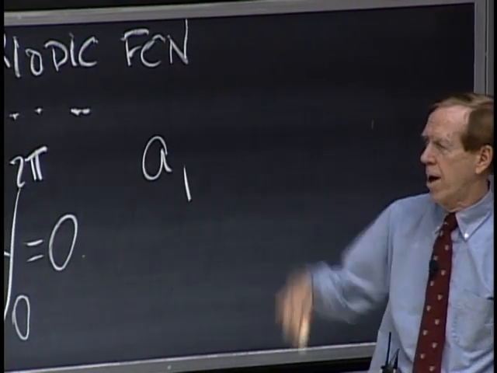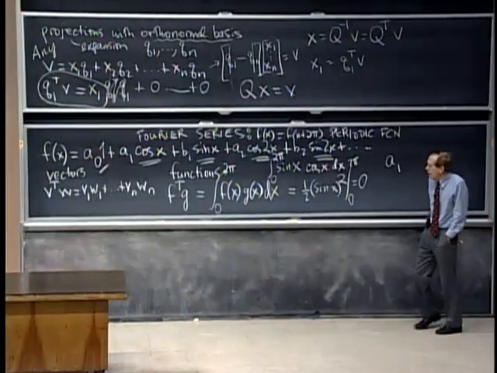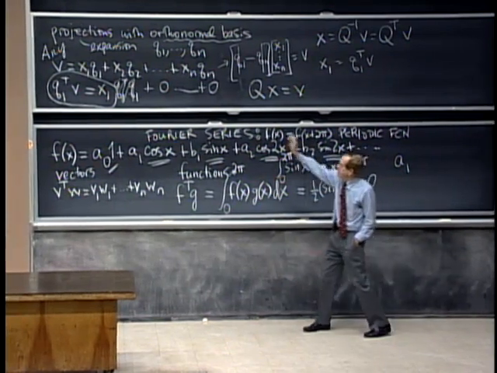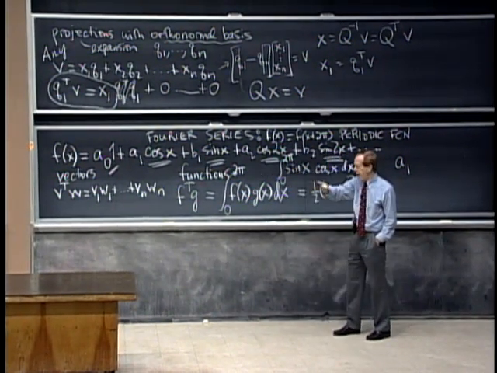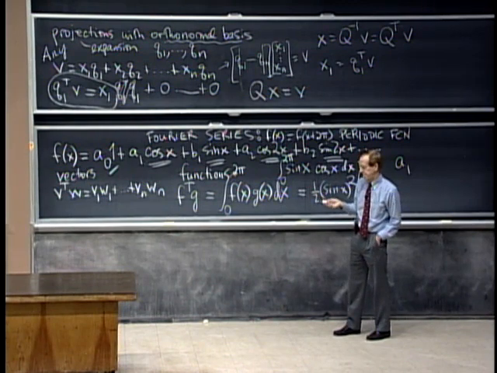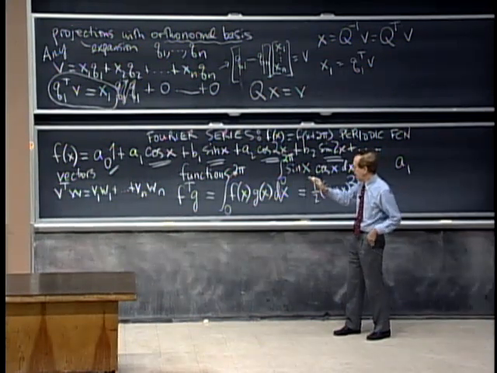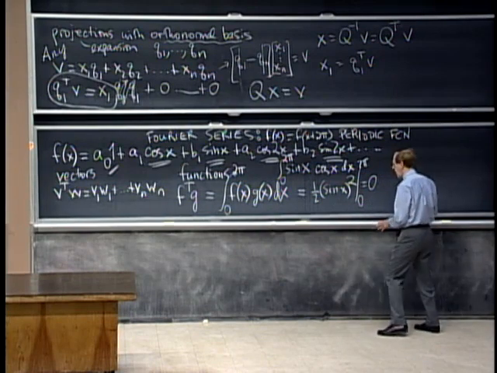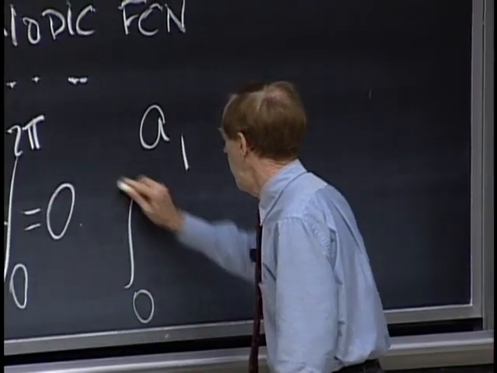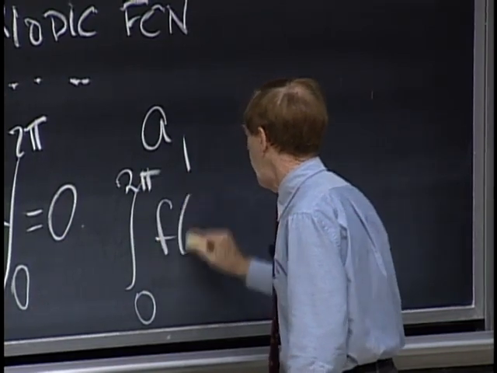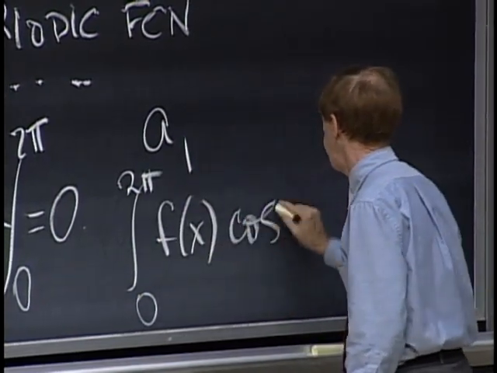The first Fourier coefficient. I do just as I did in the vector case. I take the inner product of everything with cos x. Then on the left, I have the integral of f of x times cos x dx.